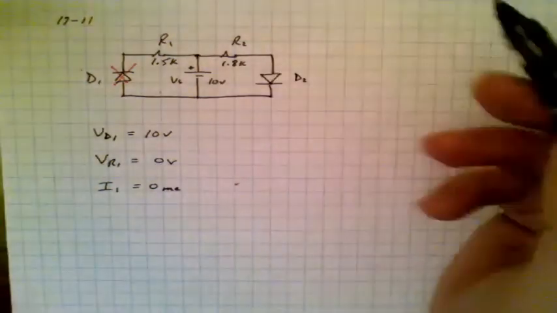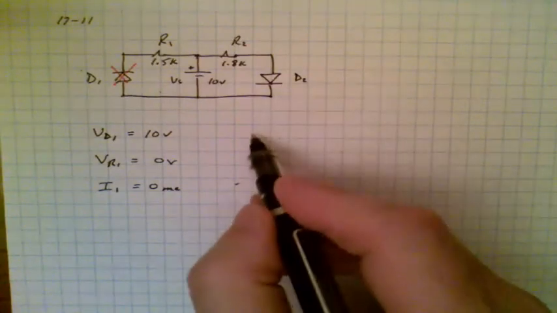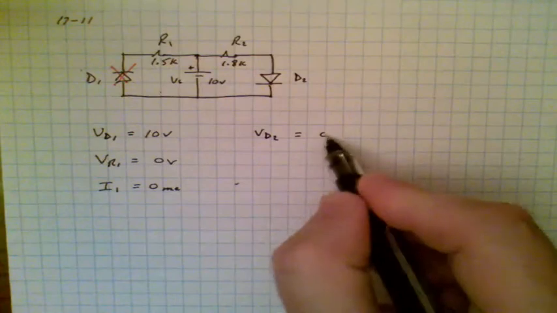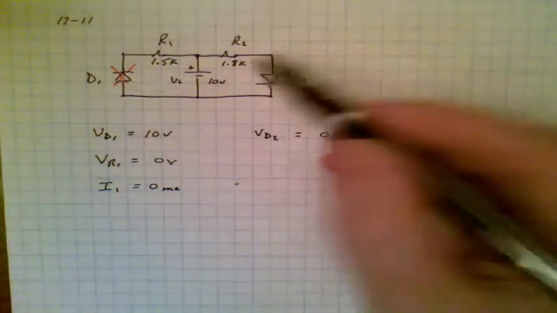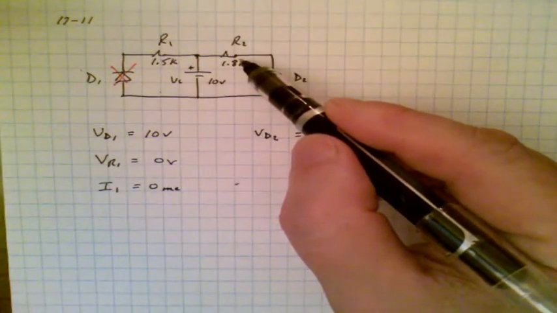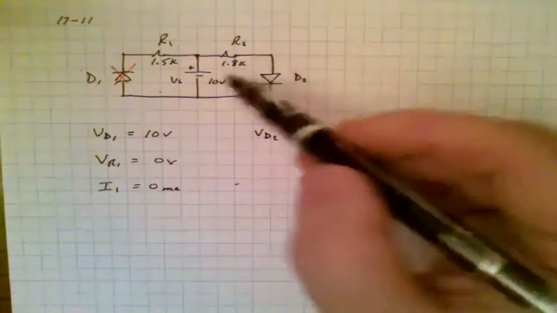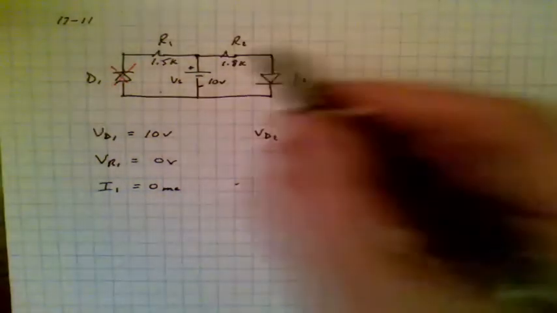Looking at the second loop, we can say since the diode D2 is forward biased, the voltage across it is equal to 0.7 volts. To find the voltage across R2, we simply apply Kirchhoff's voltage law, which states that the sum of all the voltages in a loop equals 0.